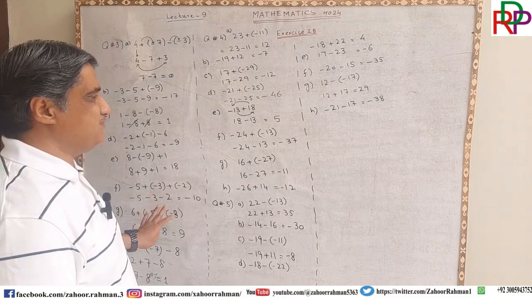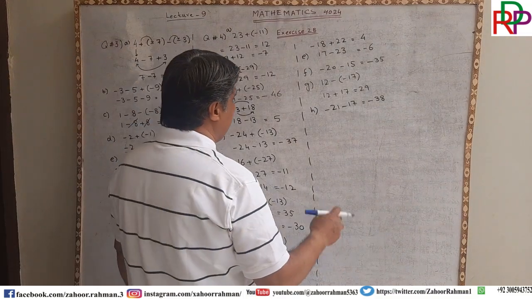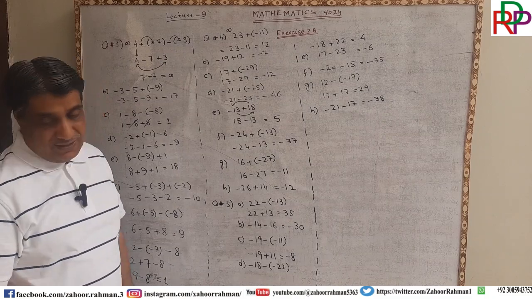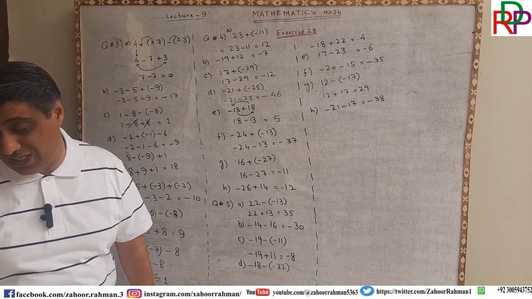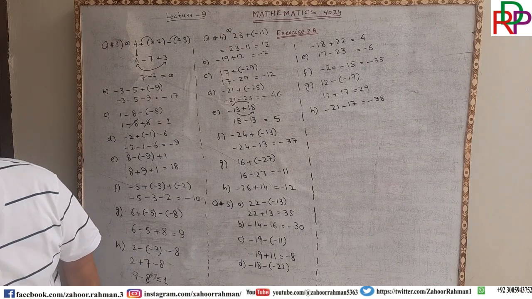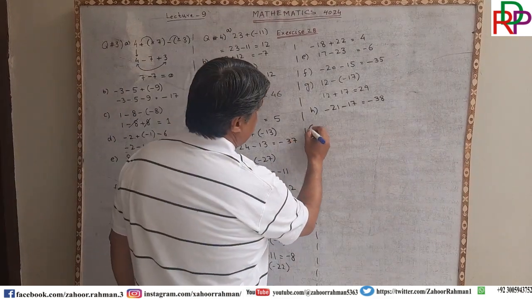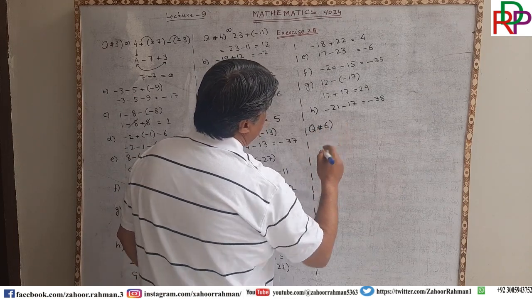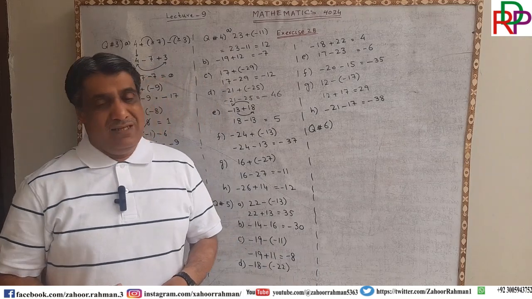Not a big deal. That was easy. Now we are coming towards the advanced level question, and that is question number 6. Question number 6 is an advanced level question, and it is a word problem.